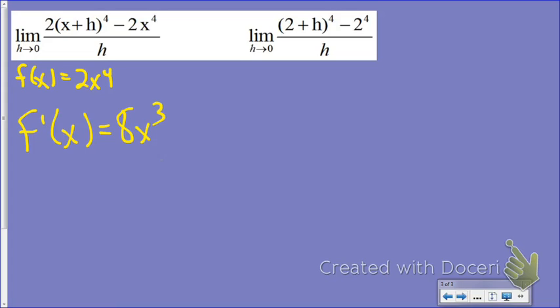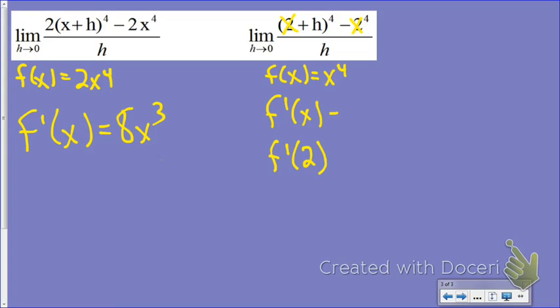Now same thing on this one, but this one has one extra step. We have to realize here, if I replace that 2 with an x, then you can see your function. My function is x to the 4th power. What I have to realize is that I'm not just finding f prime of x, I'm actually finding f prime of 2, because I had that function x to the 4th, but I replaced the x with a 2.